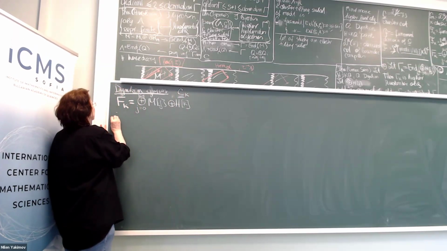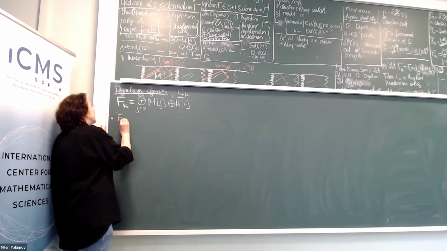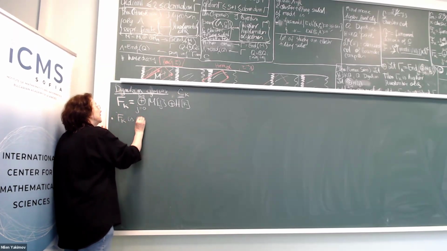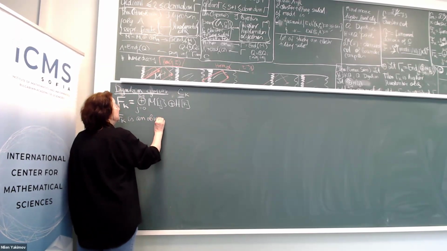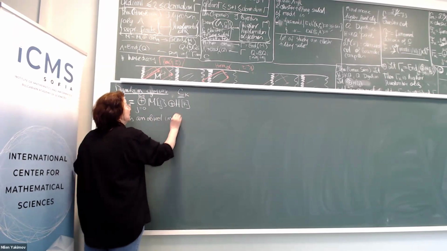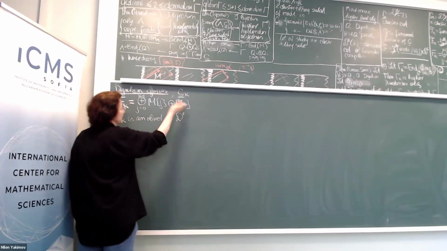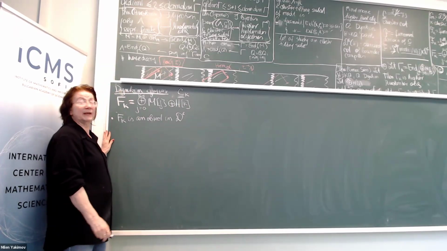Okay. So now the three things. F_K is an object in D^b, right? Because clearly it's an object in D^b.